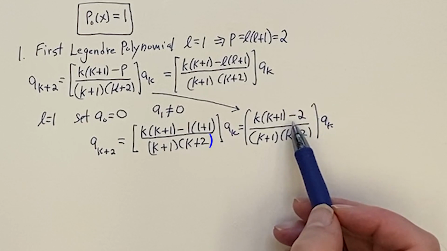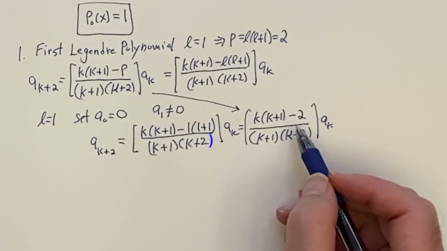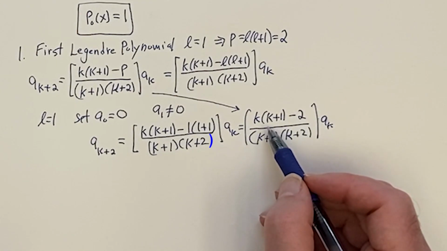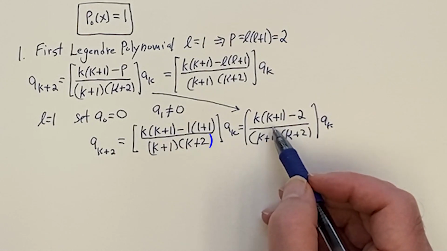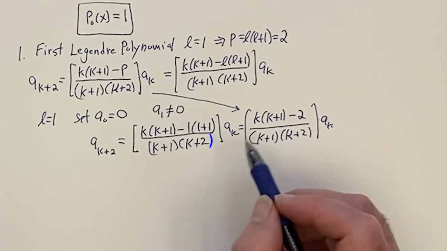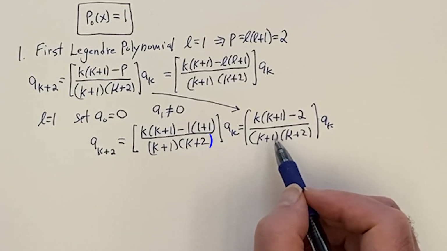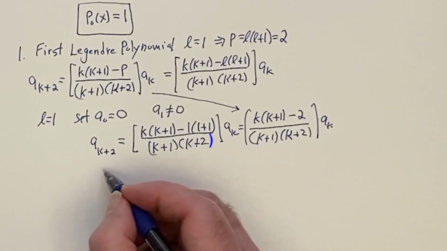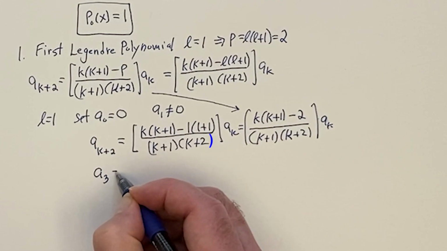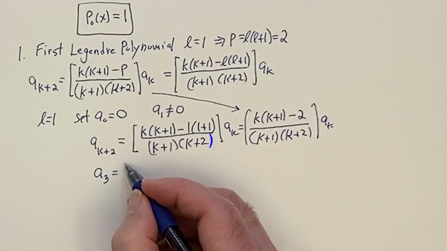And you could then go from here right down to there with the P being 2. But you see, the thing is that if you look at this relation, we're going to go ahead and do one of these now and see what's going to happen. If you want to find, say, the third one, that's when K is equal to 1.